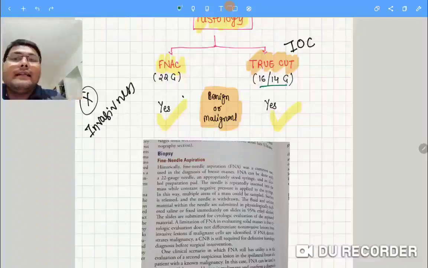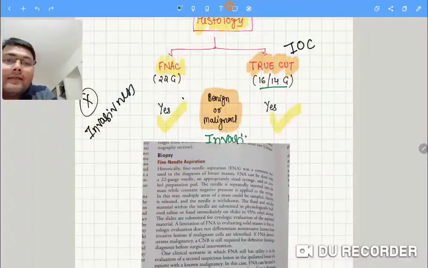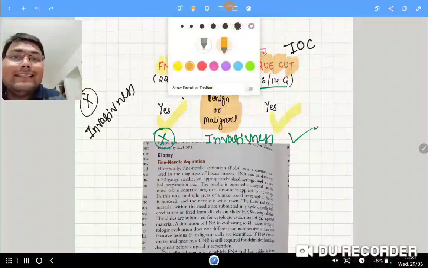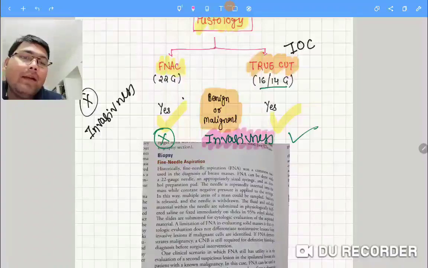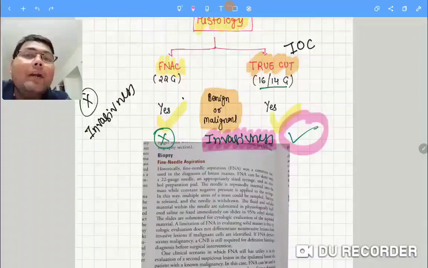Invasiveness can be told by a true cut biopsy, not FNAC. This is very important. Invasiveness is told by the true cut biopsy and not FNAC.